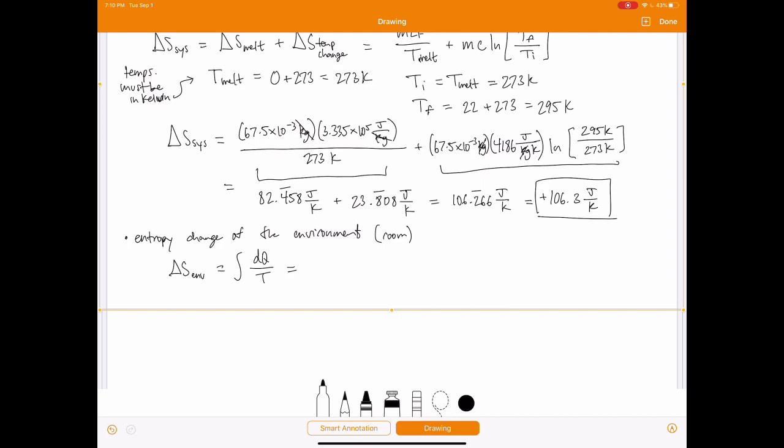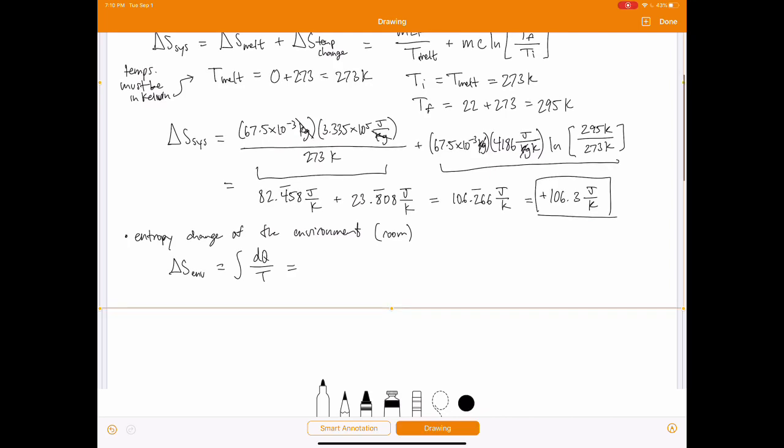So the room has a constant temperature. In other words, the temperature of the room, since it is so big, is not really significantly affected by the ice cube melting. So we'll say the room has a constant temperature, which means we can pull it out. So we have 1 over T out front times integral dq, which when we integrate dq is just Q divided by T.